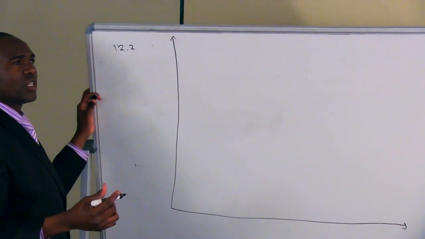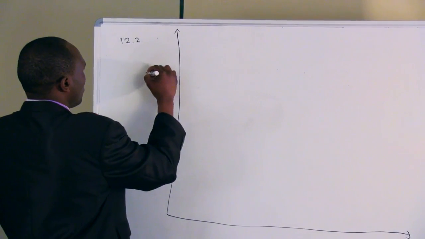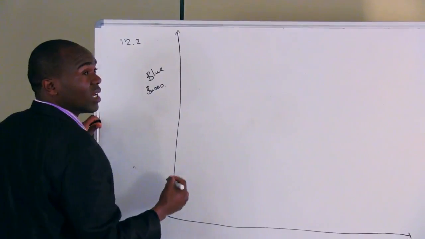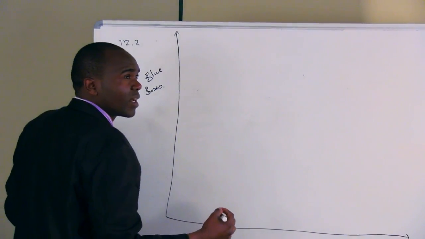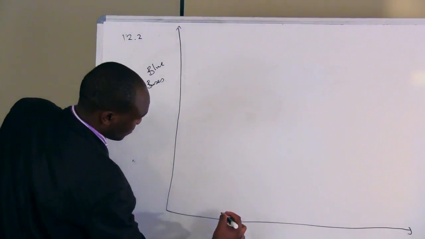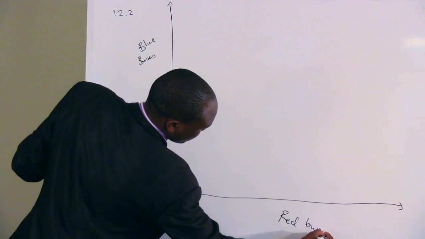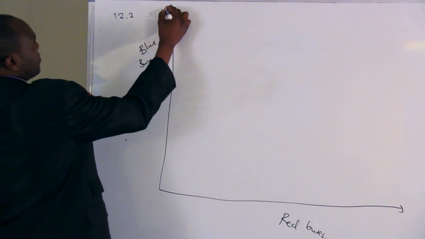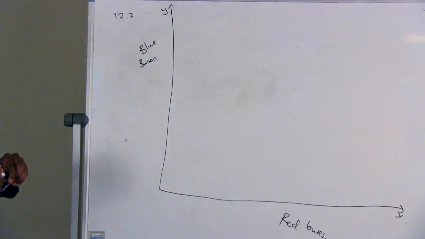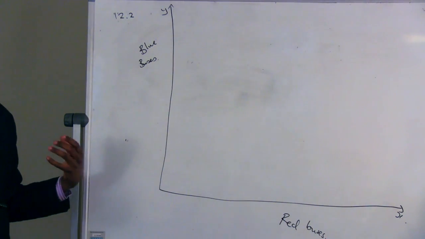Now we use the blue ones, and then the other ones gray. Alright, so now on this board we're just going to draw the necessary points that we need.